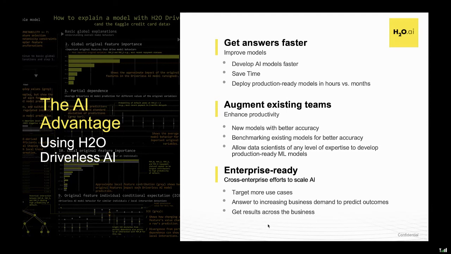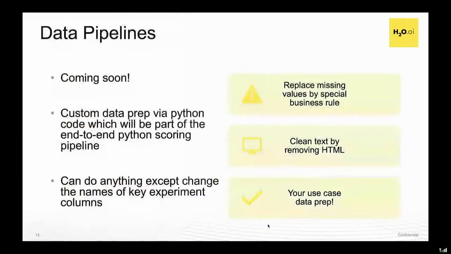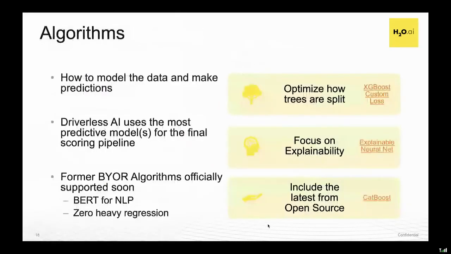Another thing is that, remember, coming soon, we will have BERT for NLP out of the box. So that's available as a custom recipe today, although you do need to talk to someone at H2O about that because it's not on the open source currently, but that will be another example of using basically neural net algorithms.